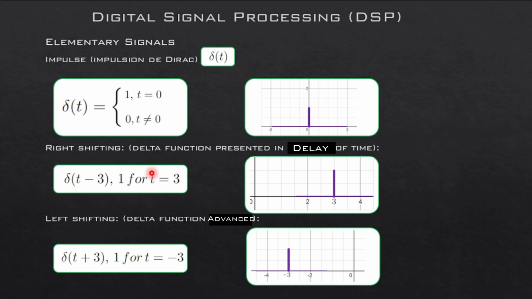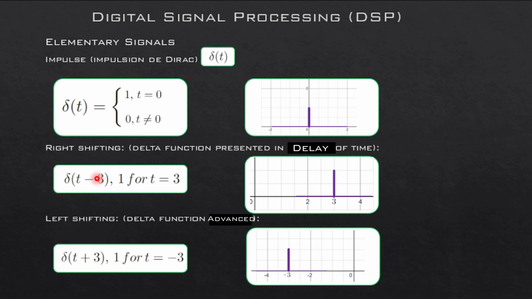What are the different operations that can be used on delta t? We're going to name right shifting and left shifting, which is a time shift of this function. Let's say you see delta t minus 3. How to represent that? This is an impulse that exists for t minus 3.